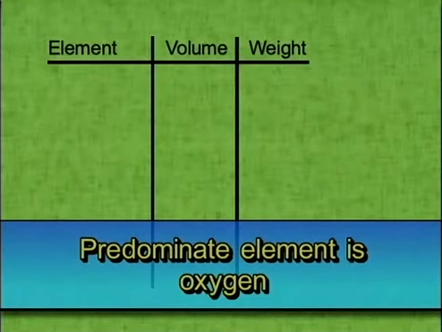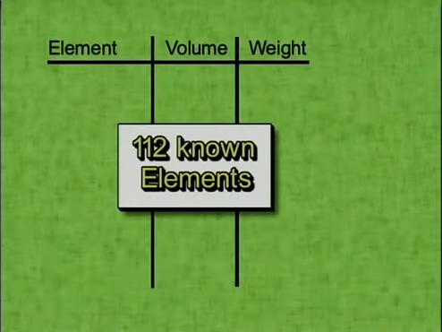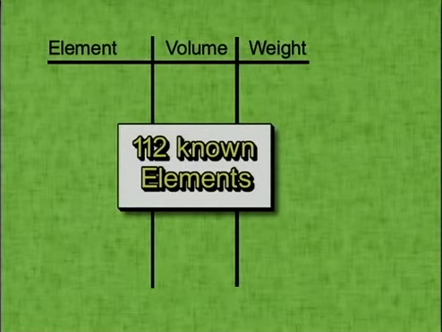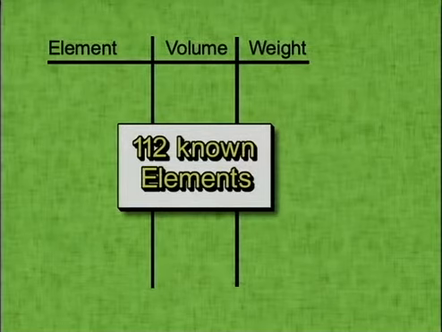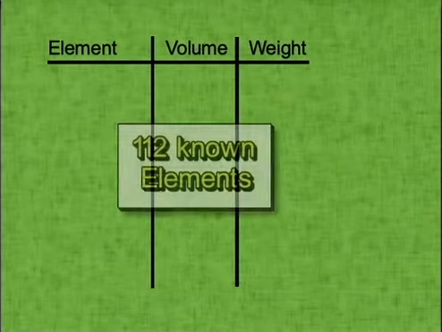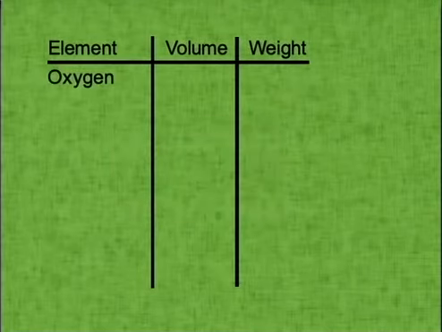Although we have in excess of 100 different elements found in the Earth's environment, there are really only 8 of these that are very high in abundance in the mineral matter in the soil. The first of those elements is, as I mentioned, oxygen.